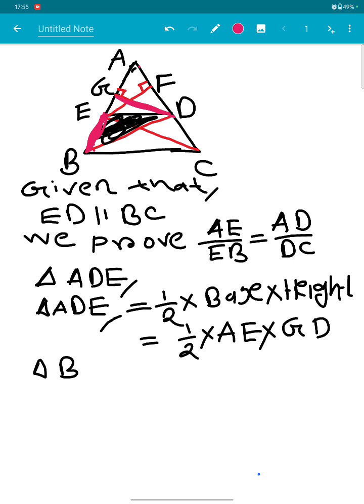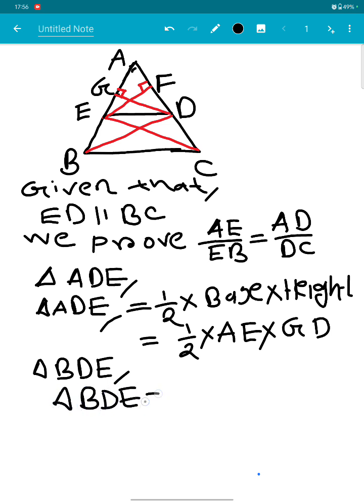Okay. So triangle BDE area is half into base. What is the base?